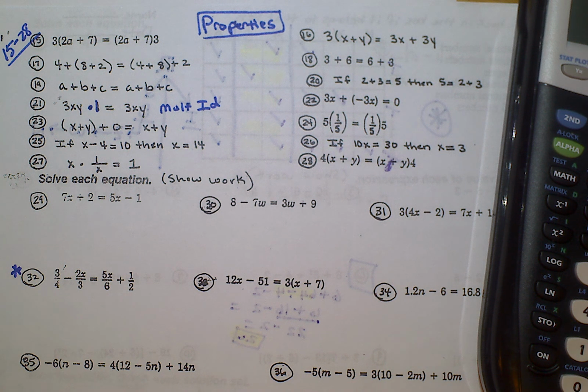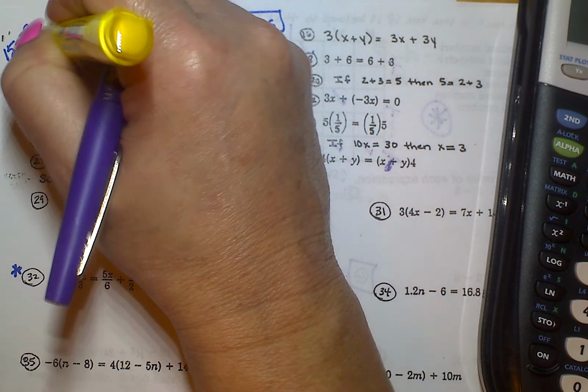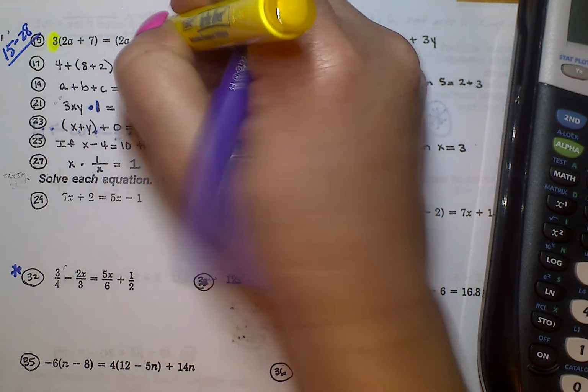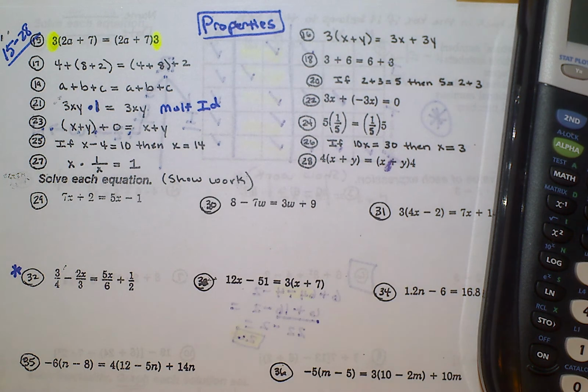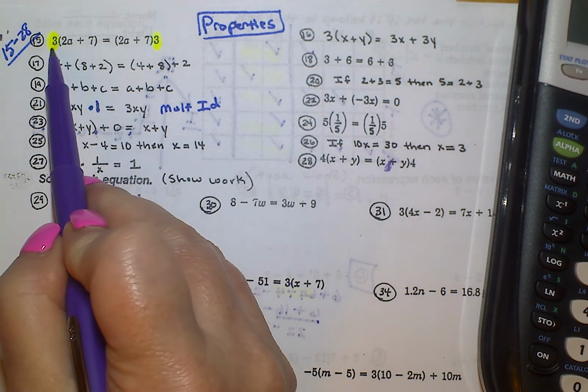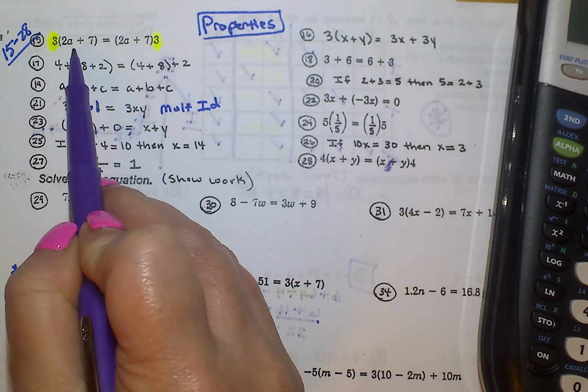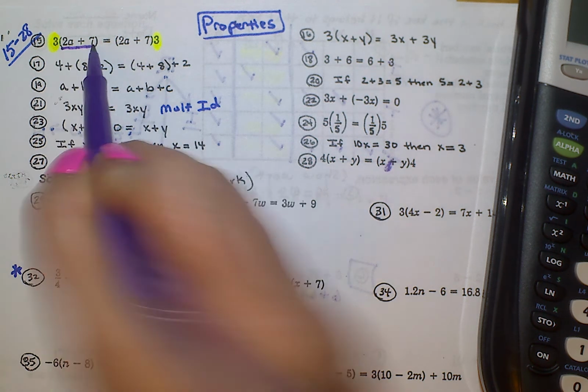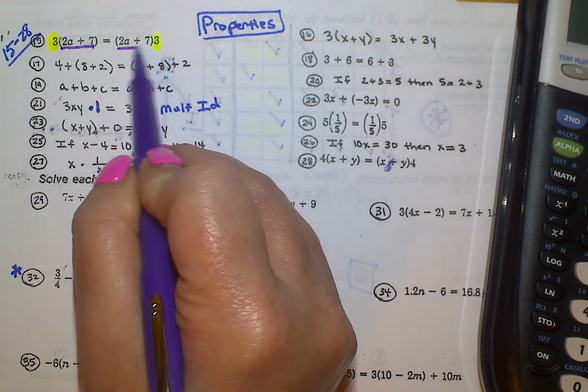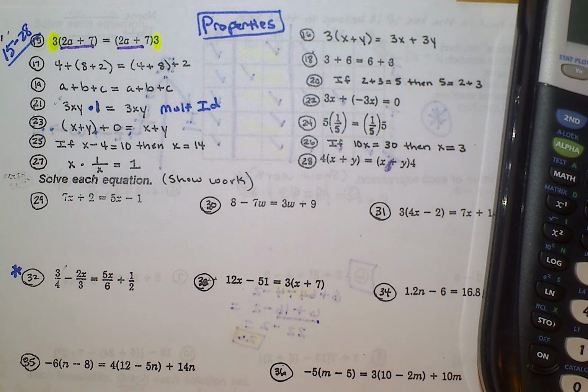So I'm just going to kind of go through and highlight some order I see. I see that 3 is out of order. And when I mean out of order, 3 comes first here, and then you have the 2a plus 7. 3 comes last here, and then you have the 2a plus 7. So there's some order mixed up right there.